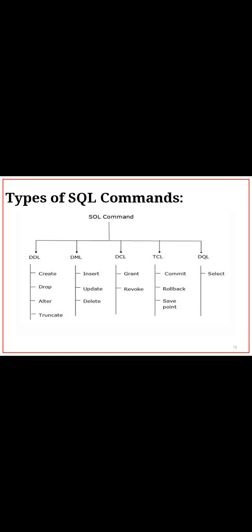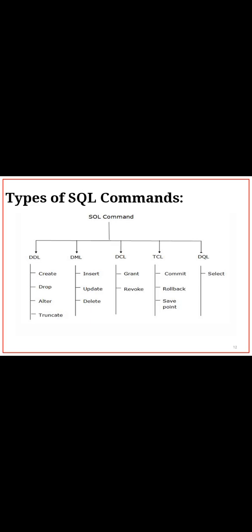In this type of SQL commands, we classify DDL under create a table, drop a table, alter table and truncate table. Then DML, we can insert data, update data, delete data.